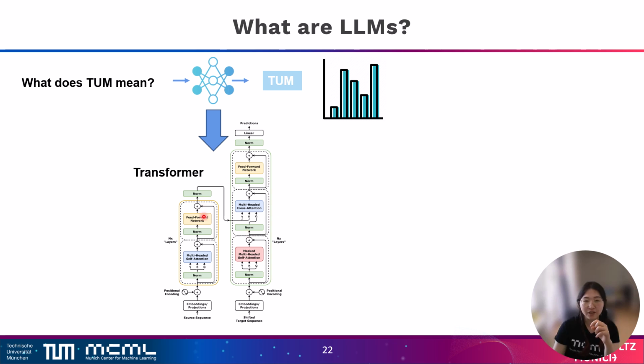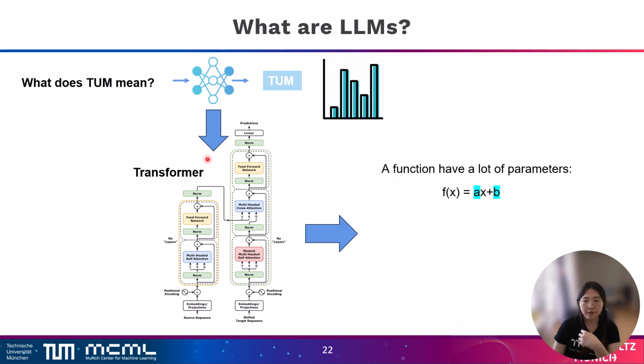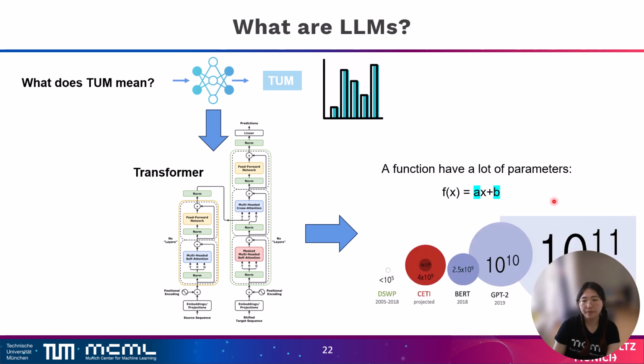So transformer is all you need to know about the architecture of the neural network. Here, because it's an introduction, I will not go deeper into the architecture of transformer. But if you don't even know transformer, I can tell you transformer is a function with a lot of parameters. It means that I give x as the input, and it will output ax plus b, and the a and b here are the parameters. So when people talk about the model size of a language model, it means how many a and b there are in the function.